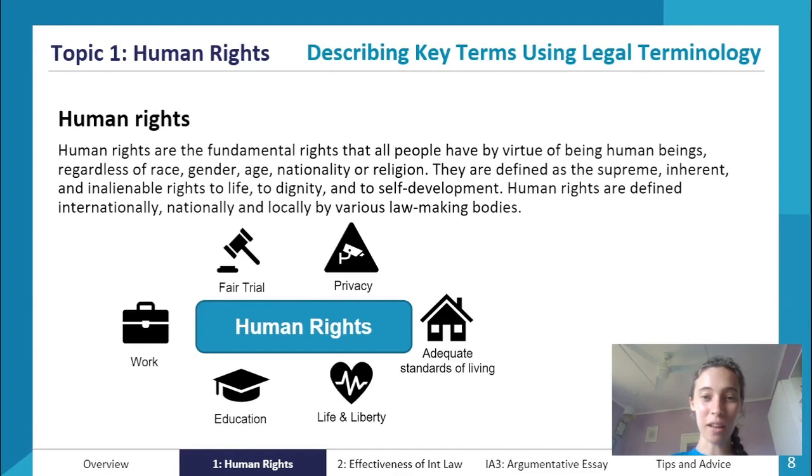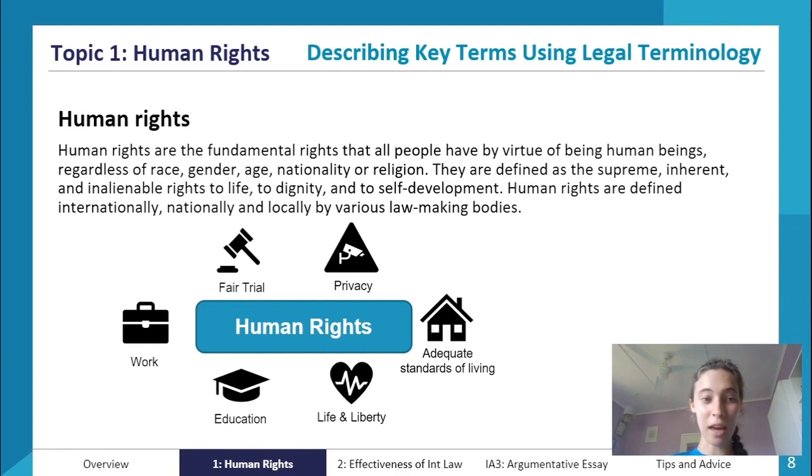Think about not only the general meaning of what that was saying, but also the legal terminology that you can see in there. For example, you want to say fundamental rights.